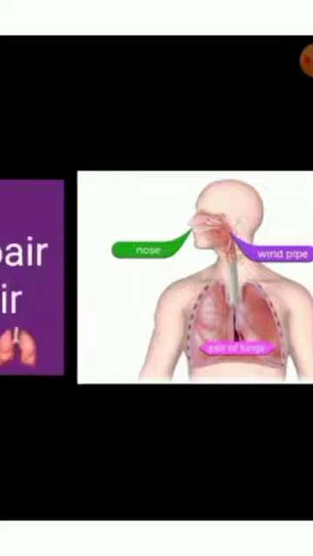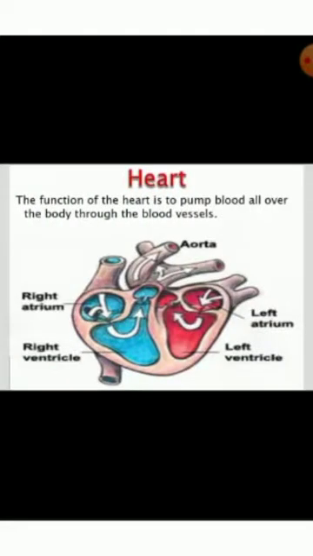Okay. Now come to the second main body part. The first main body part I will tell you later on. The second most important body part is the heart. On the left side of our chest, we can feel the beating, and this beating sound is from our heart.